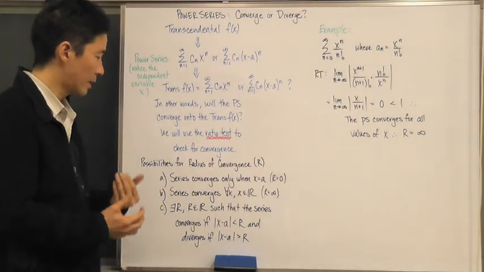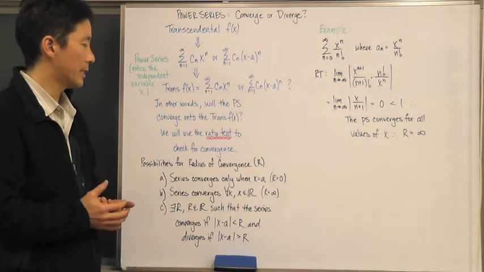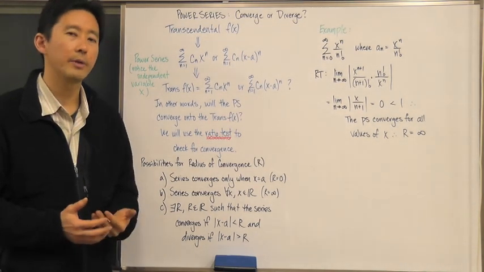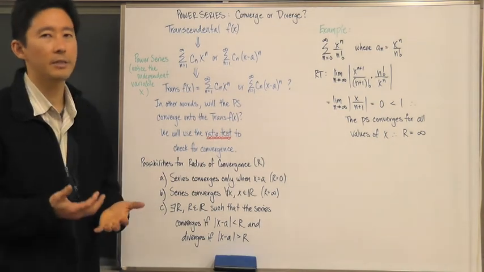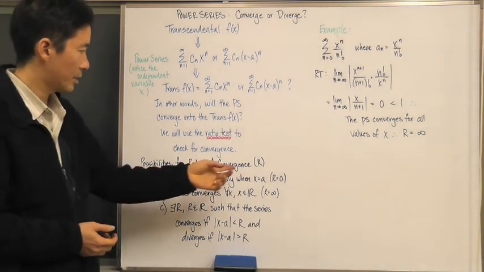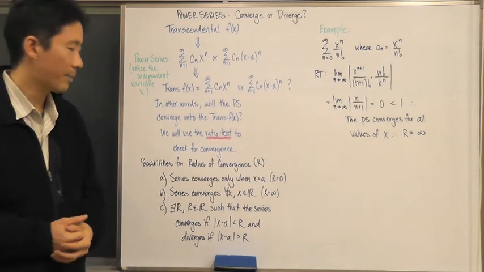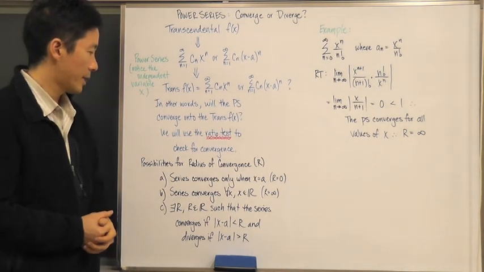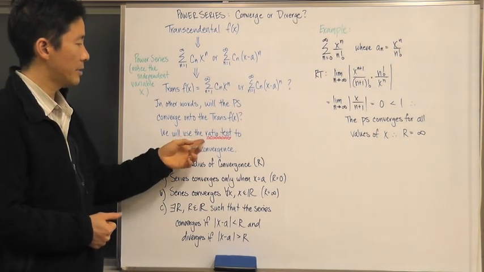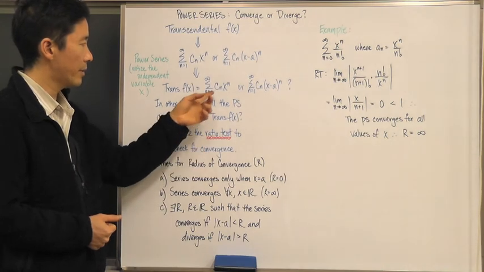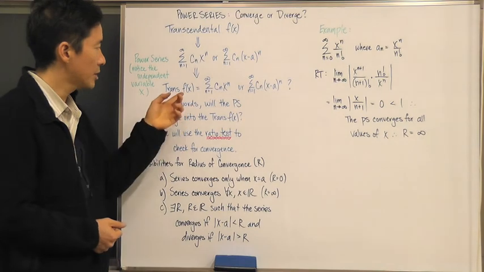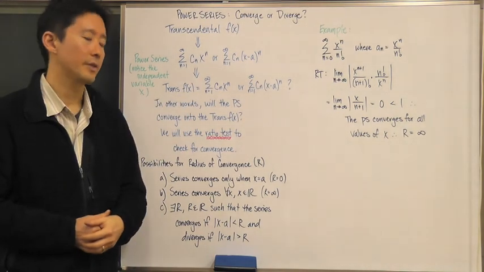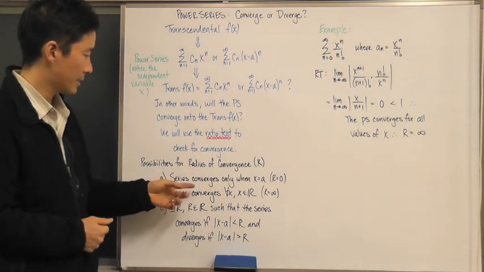Now, when we take a look at the convergence, there are three different possibilities for what we're going to call the radius of convergence, and I'm going to use the capital letter R. Again, we're using the ratio test to check whether this power series is actually equal or convergent onto the transcendental function f of x.